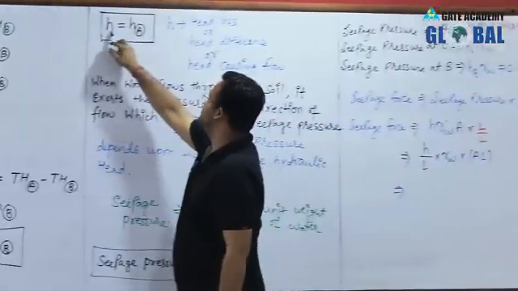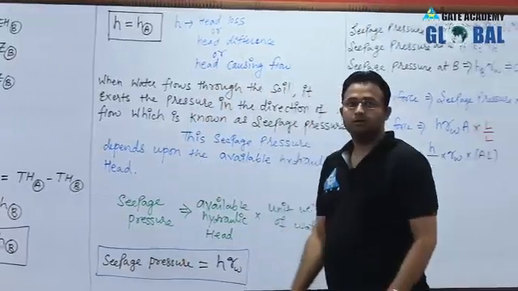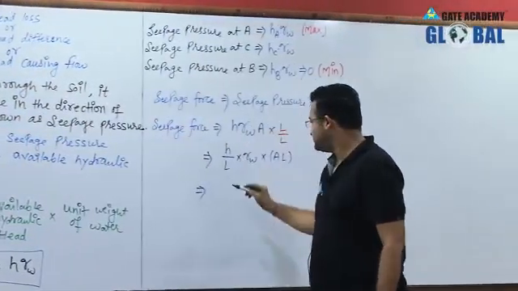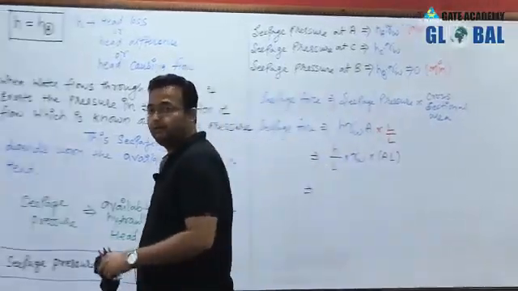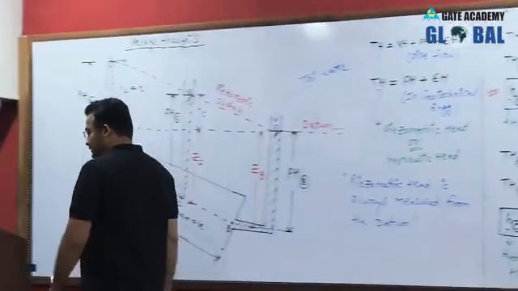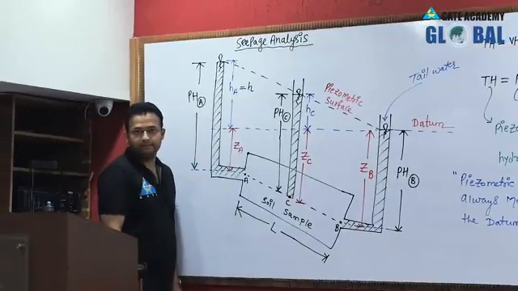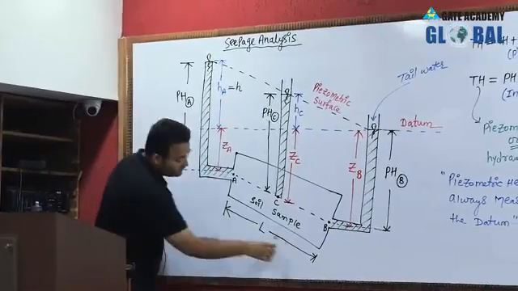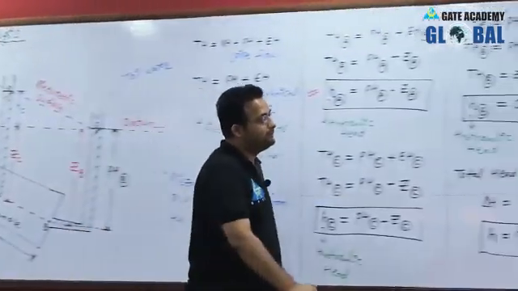This H is the head difference, head loss or head causing flow. So this is head difference divided by length of flow path L. L is the length of flow path, which is equal to the length of soil sample here. Okay, so here I can write L is the length of flow path.